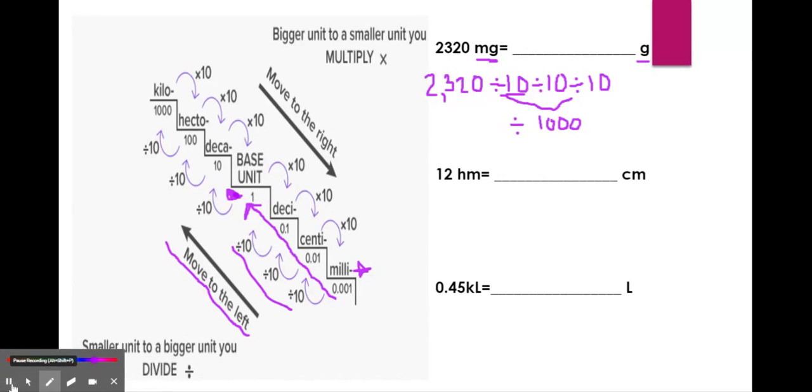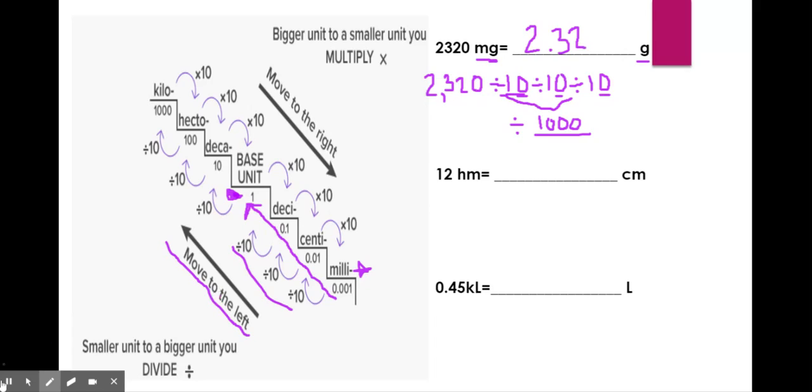This is the same thing as dividing by 1,000, and we can get that from how many zeros we have. When we divide 2,320 by 1,000, we get 2 and 32 hundredths. So 2,320 milligrams is the same as 2 and 32 hundredths grams.